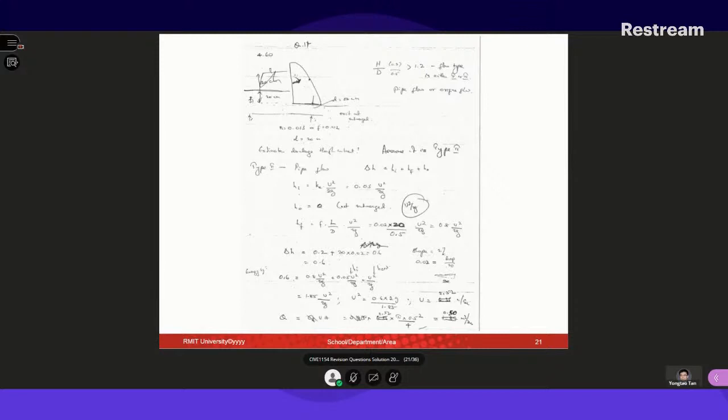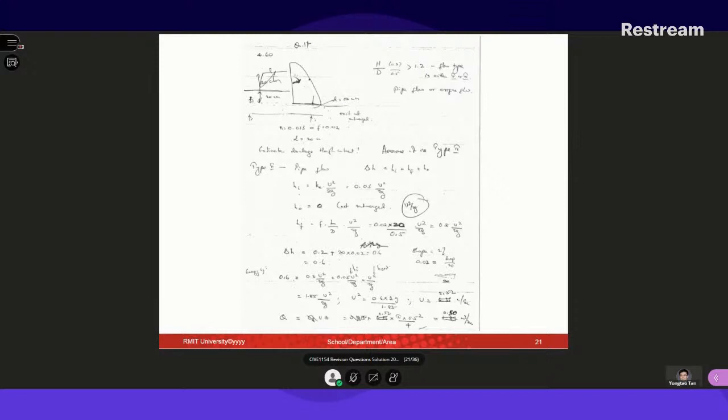So the HF is the friction loss. We can get the friction loss here because the L, D, and f are given. So finally we can find out the head change. The head change is 0.6.